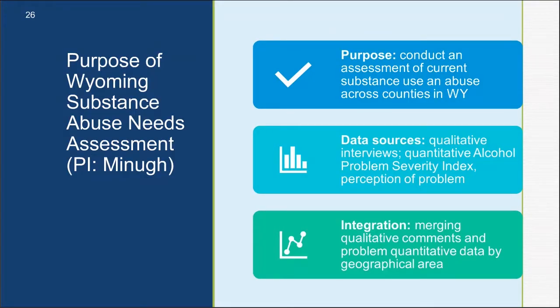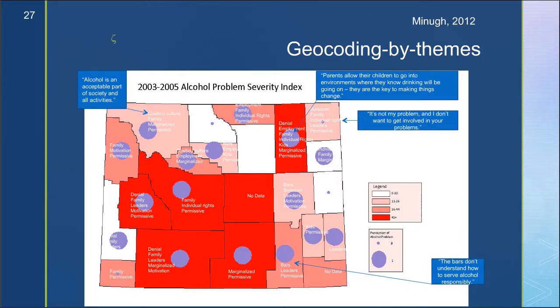So let me now show you an example from the published literature. And this is from a substance abuse needs assessment conducted in the state of Wyoming in the US by Allison Minu and colleagues. They collected data from qualitative interviews, a quantitative alcohol problem severity index score, and then a quantitative perception of problem score. Integration then happened by merging those qualitative findings with the quantitative data by geographical area, and that yielded this very interesting joint display.